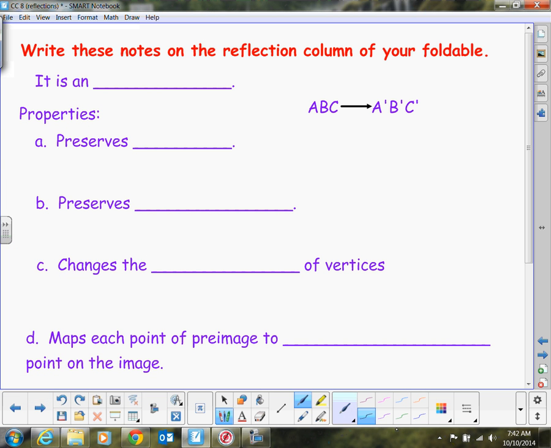All right. Here is our reflection column of your foldable. It is an isometry, meaning it is rigid. I'll put rigid in parentheses. That means it is congruent. Because it is rigid, the rigidness will preserve length. It will preserve angle measure.